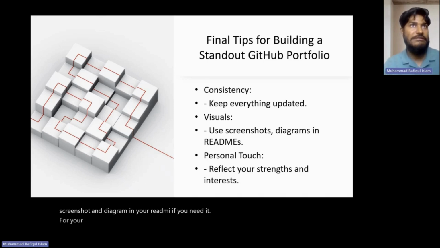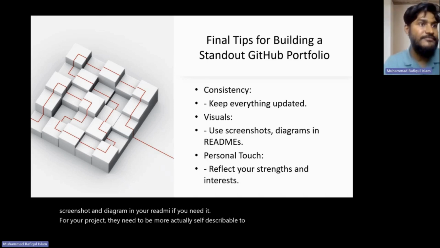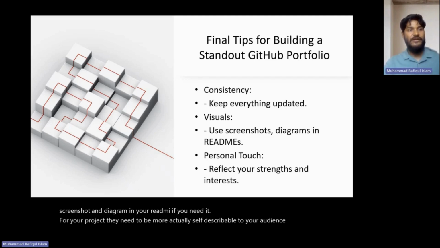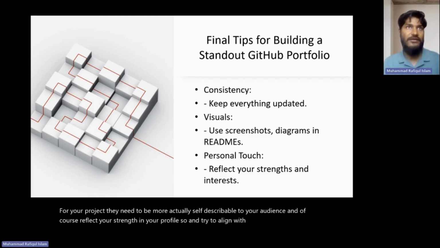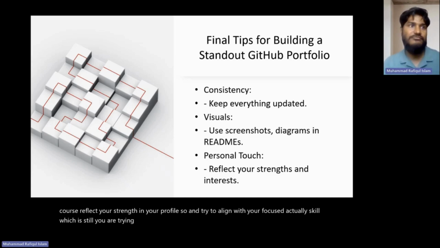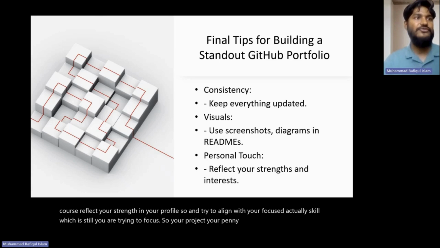Then it will be more self-describing to your audience. And of course, reflect your strengths in your profile, and try to align with the skill you are trying to focus on, so the projects you are pinning should align with it.